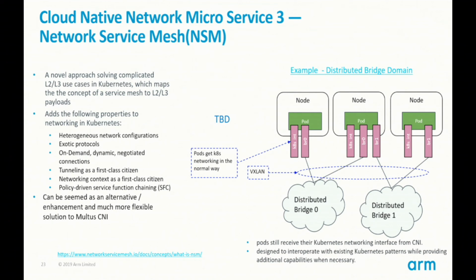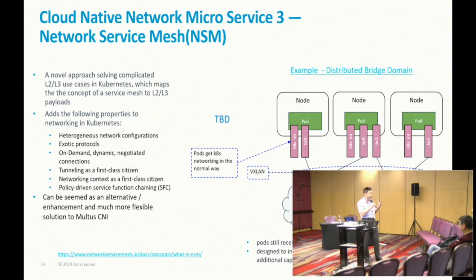This can be done in Kubernetes via the network service mesh. So it's a great enhancement to the original Kubernetes networking. Originally we have Multus CNI, but Multus CNI is very static and not so scalable. With the network service mesh, we can do it dynamically.